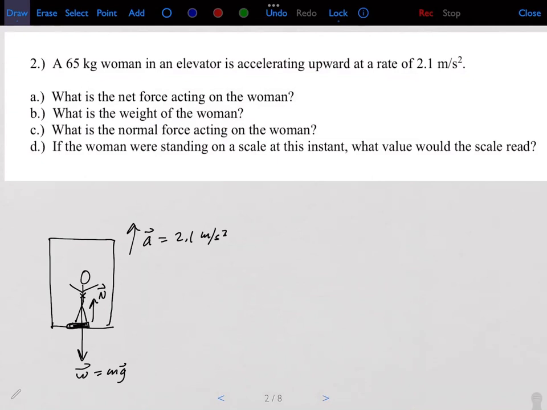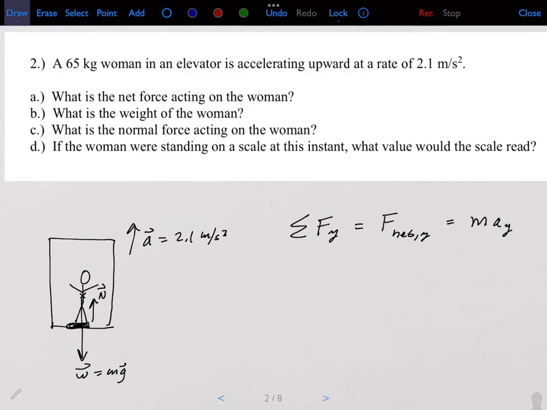Okay, so the first question is, what is the net force acting on the woman? Remember, in general, the sum of the forces in the x direction is called the net force in the x direction, and the sum of the forces in the y direction is called the net force in the y direction, and that's got to equal MAY.